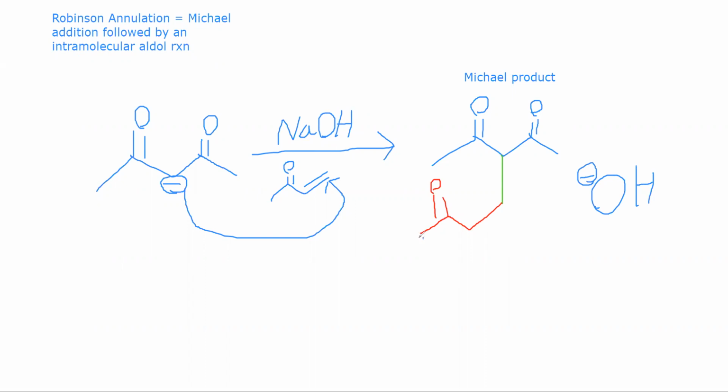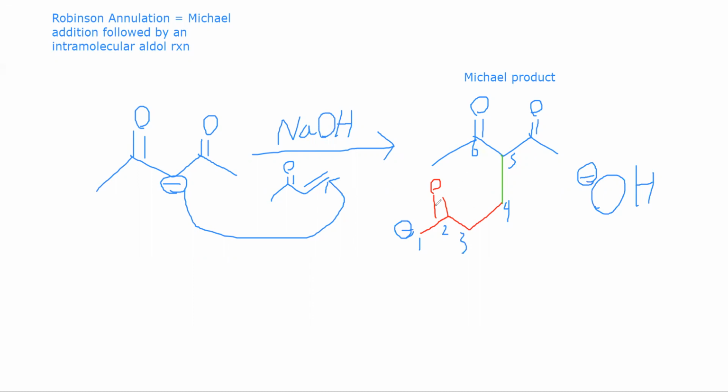So if we take the proton that's alpha to the ketone down here to form this enolate, and then we number this as carbon 1, and we go up to one of those other ketones, you can see that there is 6 carbons there. So if we do an intramolecular reaction, and I'm actually going to make this carbon 6, then you're going to get a 6-membered ring, and 6-membered rings are the most stable.